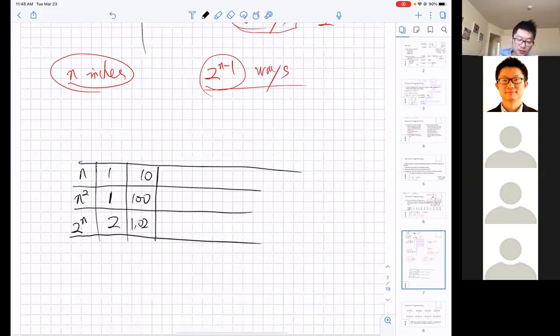It is 1024. When we increase n to 100, what is n squared? 10,000. Yes, 10,000. And what about 2 to the power of 100?